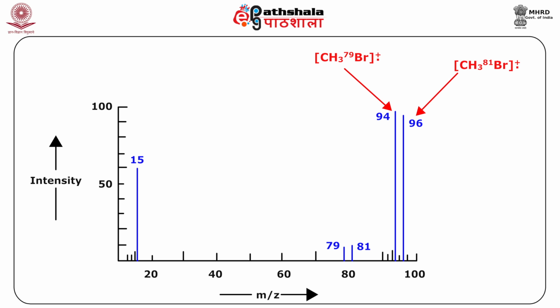This is clearly seen in this next figure. If the M and M+2 peaks are about the same height, then the compound contains 1 bromine atom, because the natural abundances of bromine-79 and bromine-81 are almost the same.